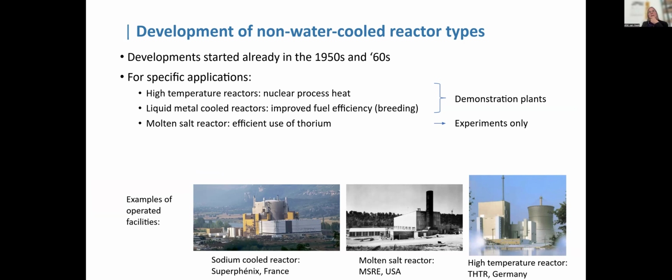And both of them had demonstration plants in the past. The molten salt reactor, that is the reactor with the liquid fuel, was meant to use the other resource, thorium, efficiently. And they have had only experiments, so no demonstration plants. On the bottom, the 3 examples of the operated facilities. Next slide, please.